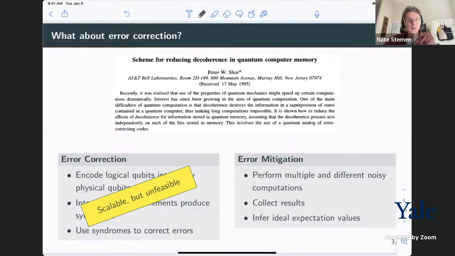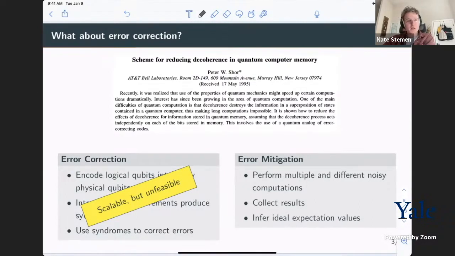But like I said, we're really not at the point where we have enough qubits to be able to do error correction at the scale that it's really meaningful. We're working our way to having one logical qubit, and that's a very big milestone that people are reaching for at the moment, and it's an important one.